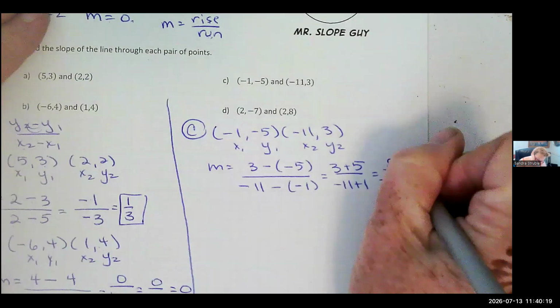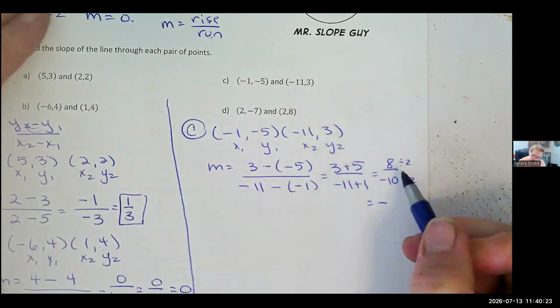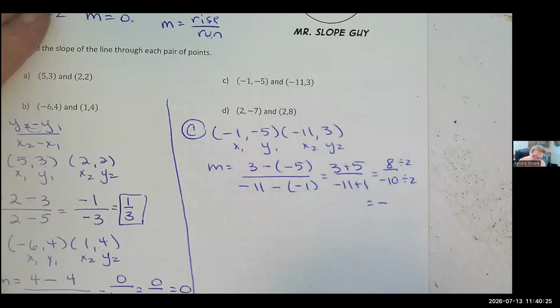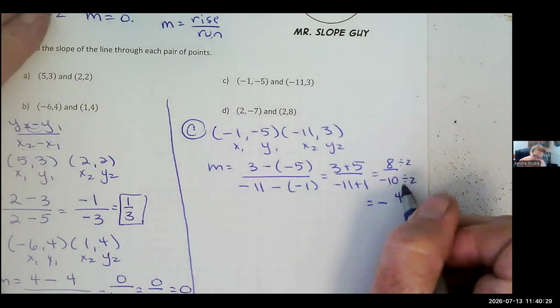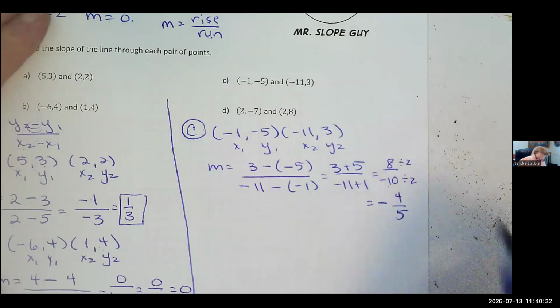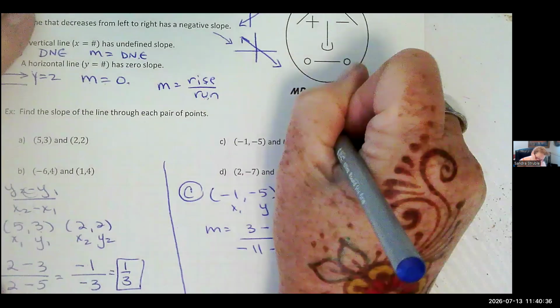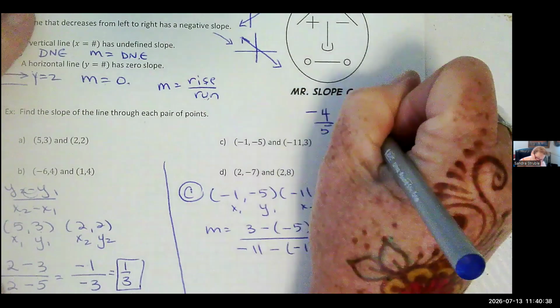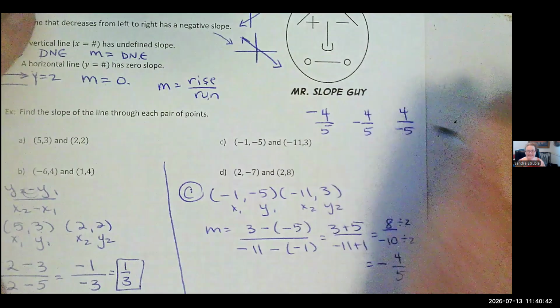It becomes a negative. Now let's talk about that here. Let's finish this, then I want to talk about this. 8 divided by 2 is 4. 10 divided by 2 is 5. Does it matter whether I put negative 4 over 5, negative 4/5, or 4 over negative 5? Are they the same? Yes, they are.